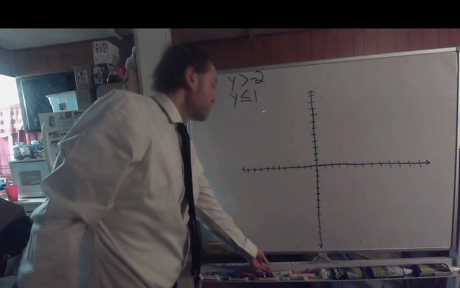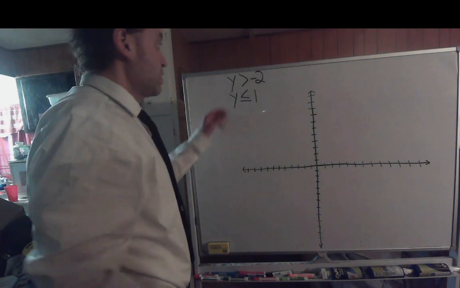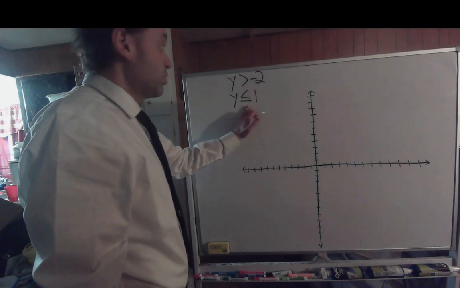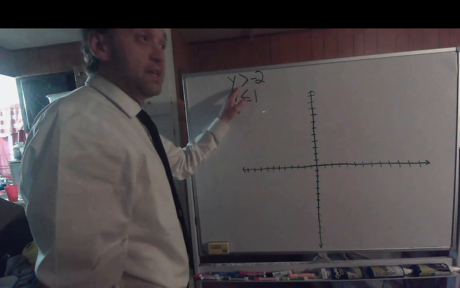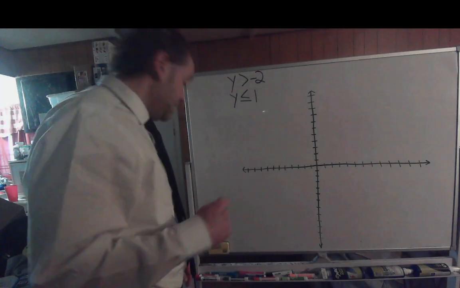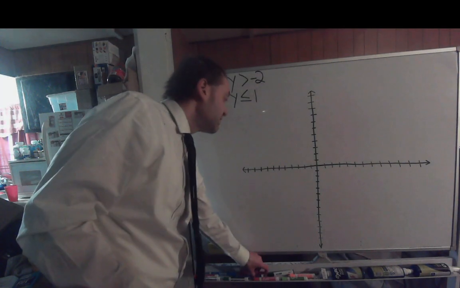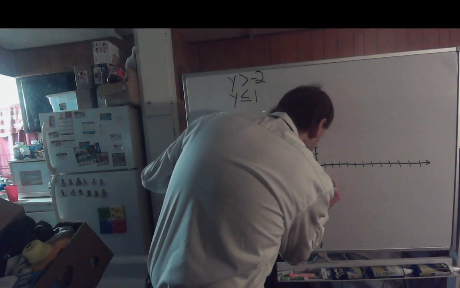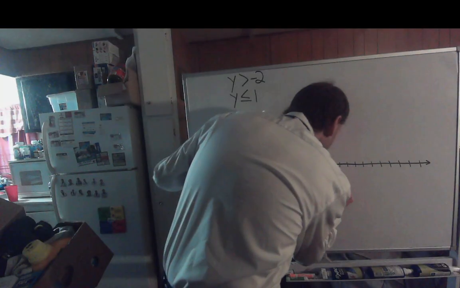So we need, of course, to find all values where y is greater than -2 but less than or equal to 1. Well, let's start with y is greater than -2. Since it's just greater than -2, you will draw yourself a dotted line through y equals -2. So let's go ahead and do that right now.